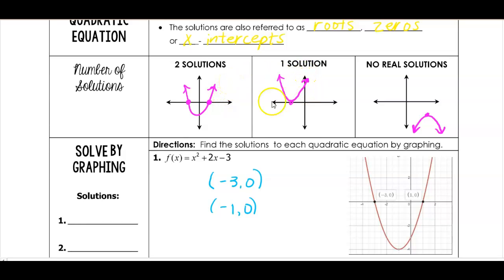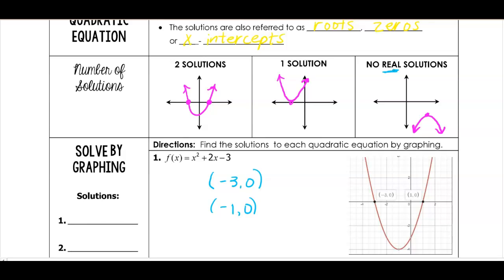And then sometimes the parabola hits in exactly one spot, and that's where we would have just one solution. And then finally, you could have no real solutions, and that would be if the parabola did not intercept the x-axis at all.